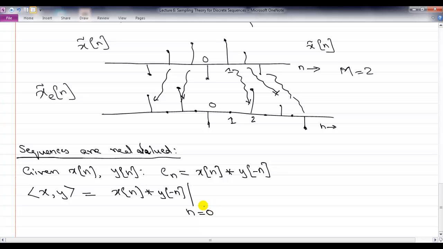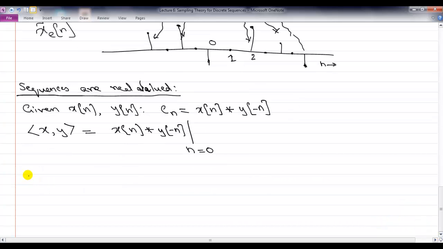So let's see if that is indeed the case. Let's look at the convolution expression. We have x[n] convolved with y[-n], where the indices go from minus infinity to infinity: the sum over m of x[m] y[-(n-m)].